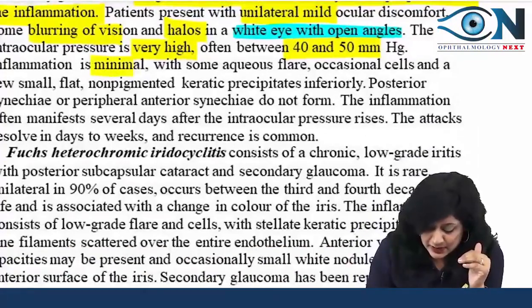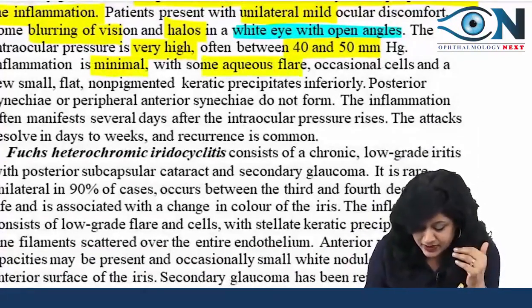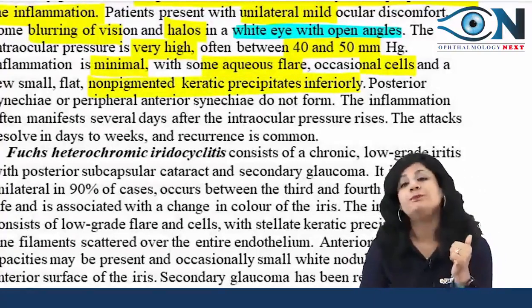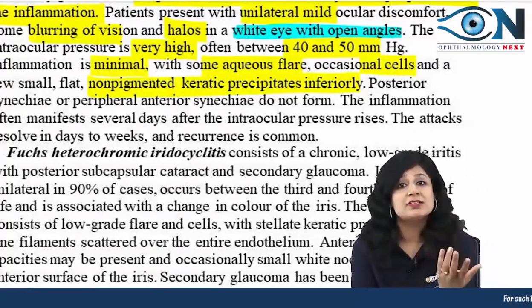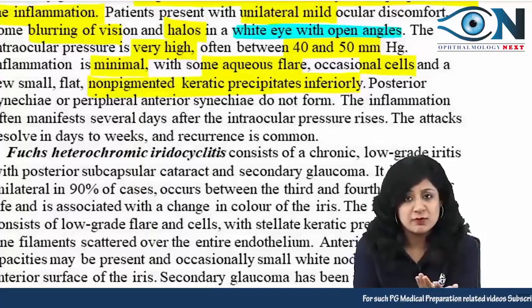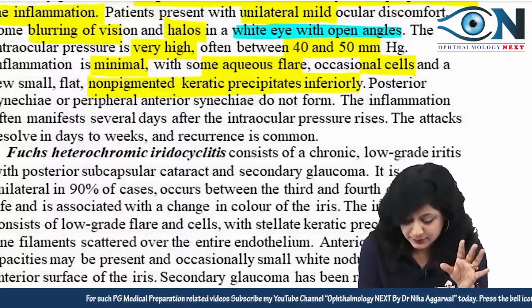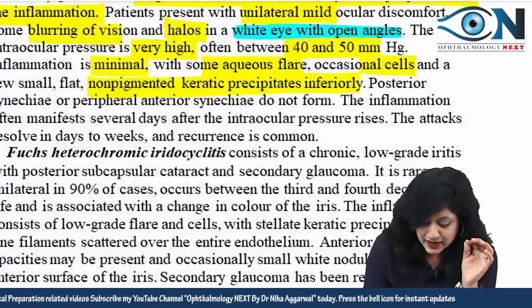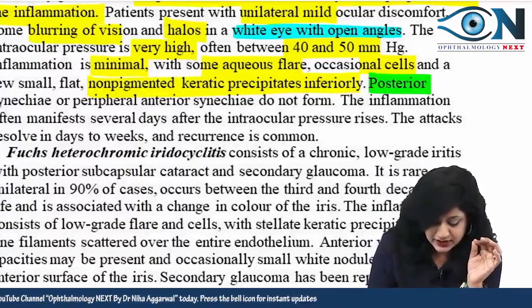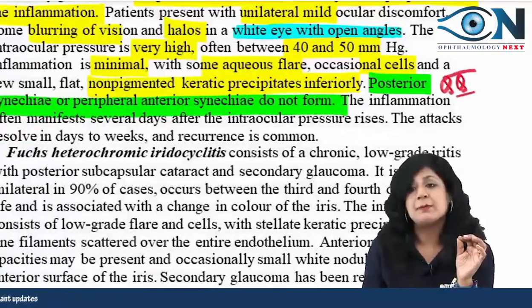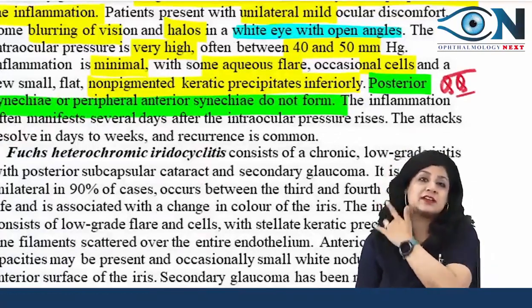The inflammation is minimal with some aqueous flare, occasional cells, and non-pigmented keratic precipitates. So, though the amount of glaucoma is more, you are having 40 to 50 mm of mercury, you will not get that amount of inflammation in the person. Another important thing, posterior synechiae or anterior synechiae do not form. Again, an important thing, because the same happens in Fuchs heterochromic iridocyclitis also.